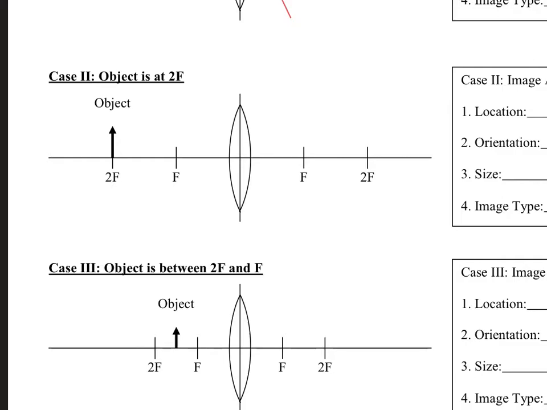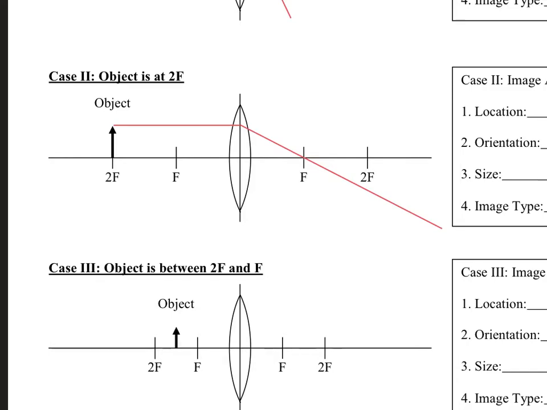Let's move on. So again, let's draw our three rays. We start at the top of the object, we run parallel to the principal axis, then as it moves through the lens, it refracts through F. And let me adjust my line real quick. Like so.